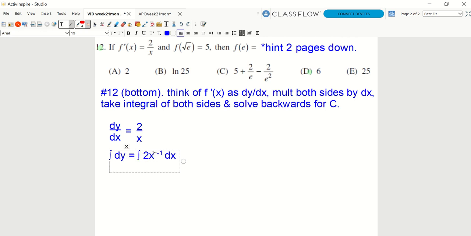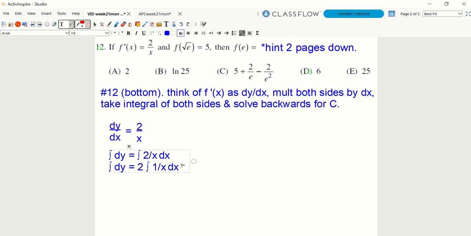The 2, we're going to extract it. It's going to move here. And remember, I should have just left it as 2 over x like this. And this becomes 1 over x.